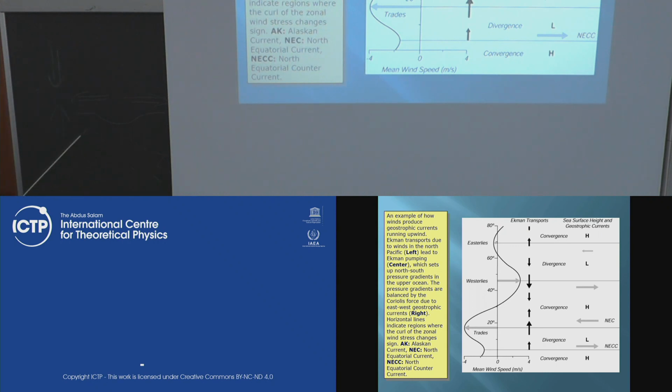See? So there are two different patterns created both at the surface and the interfaces due to the divergence or convergence in the world ocean. And this is very important in understanding the global ocean circulation.